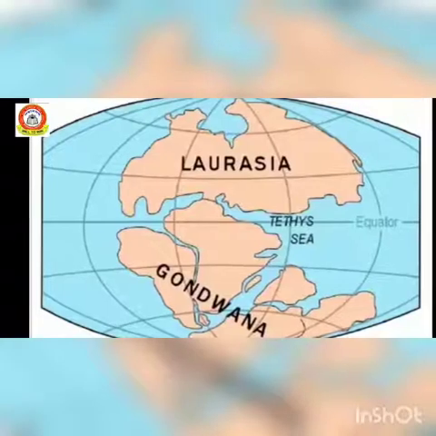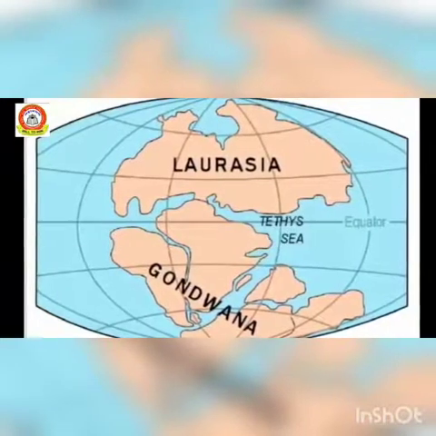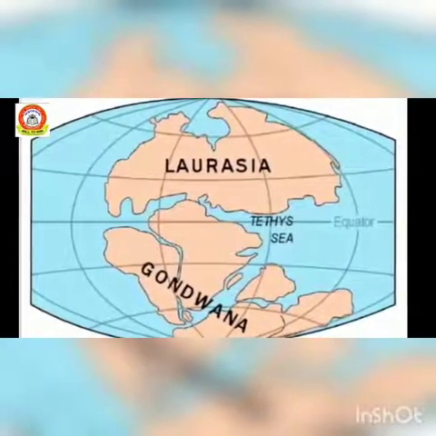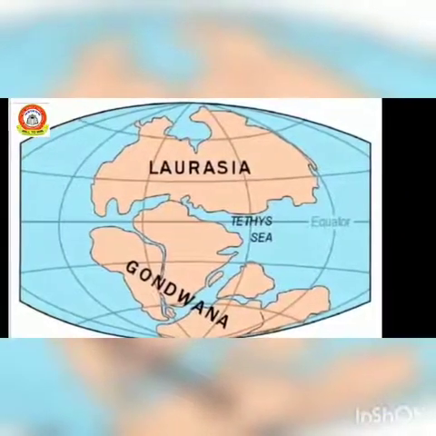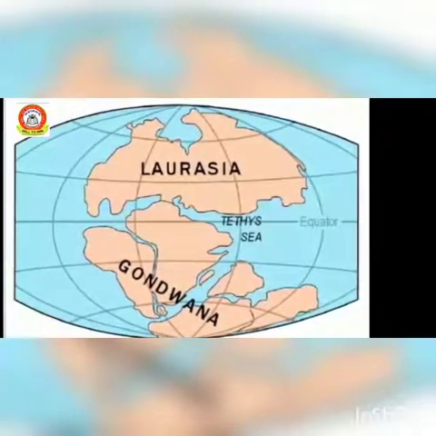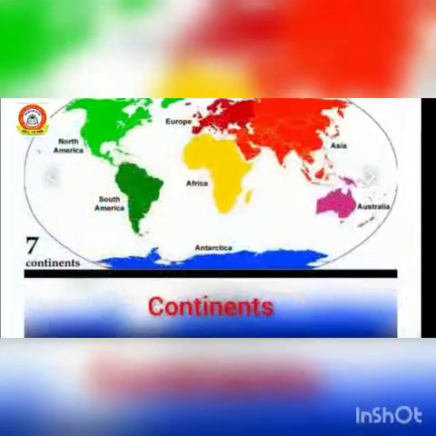Pangaea was surrounded by a single ocean, and about 200 million years ago, Pangaea further broke into two parts, Gondwana land and Laurasia. In due course of time, Gondwana land and Laurasia also broke up into different parts, and the present day continents and oceans were formed.